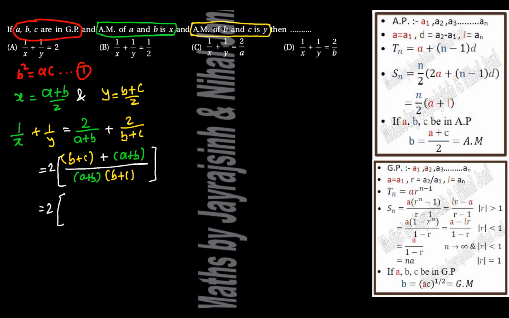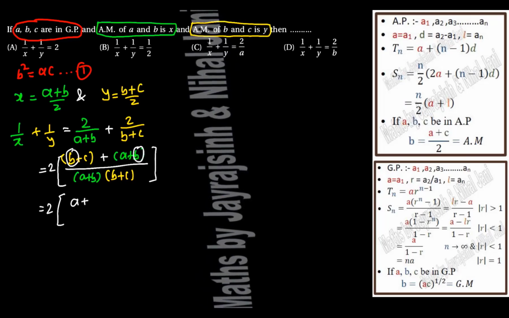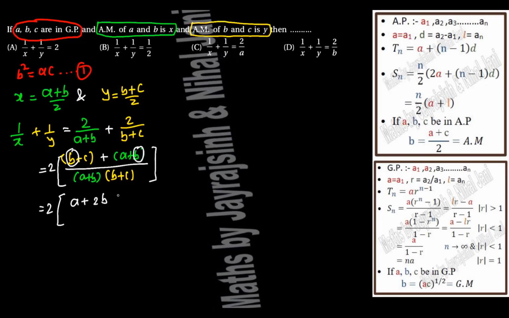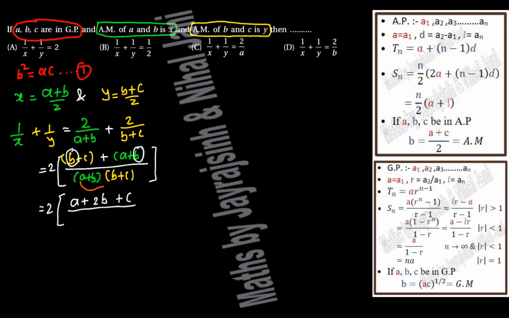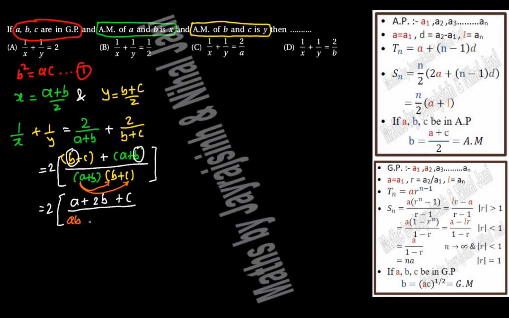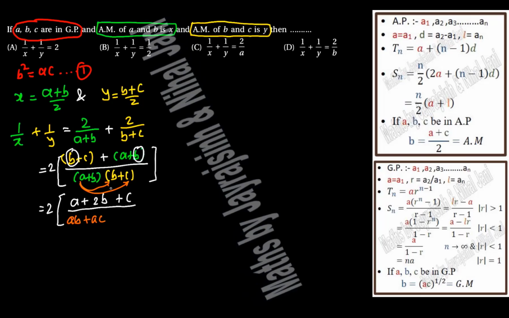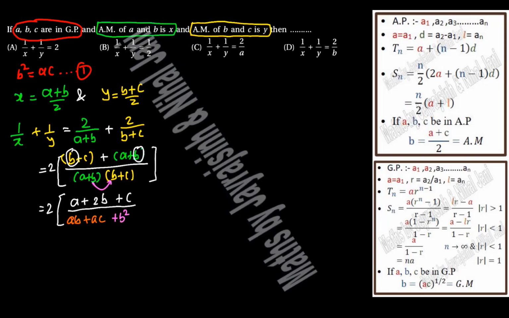So in numerator we will get a plus, we have b 2 times, so 2b, and c. In denominator, if we open the bracket, we have to multiply a with b, which will give us ab, then a into c will give us ac, then multiply b with b will give us b square, and bc.